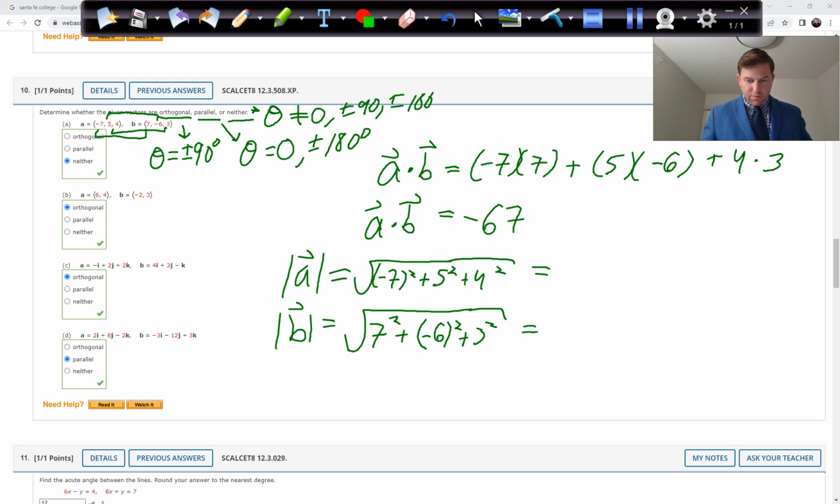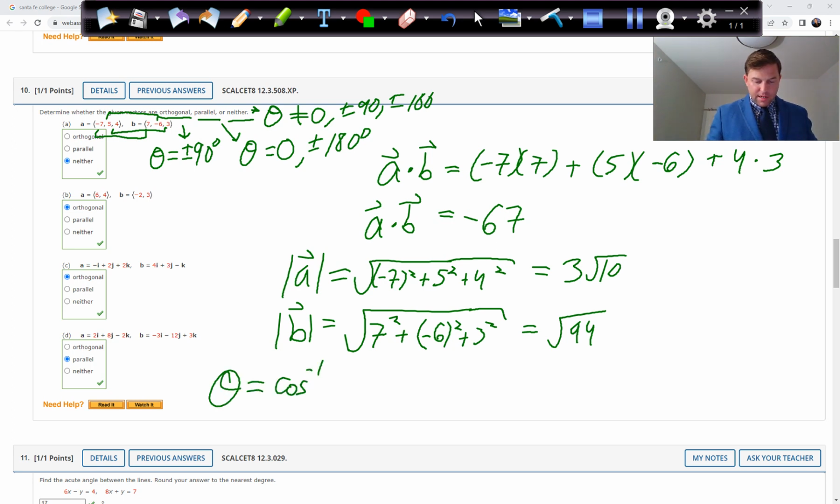And for those we'll get square root of 90 for A, which is 3 root 10, and we'll get square root of 94 for B, which doesn't simplify. So then, theta is the arc cosine of the dot product, negative 67, divided by 3 root 10 times square root of 94.